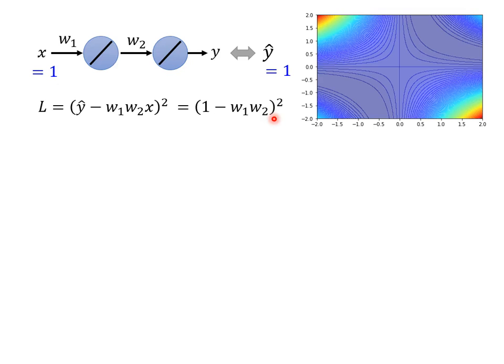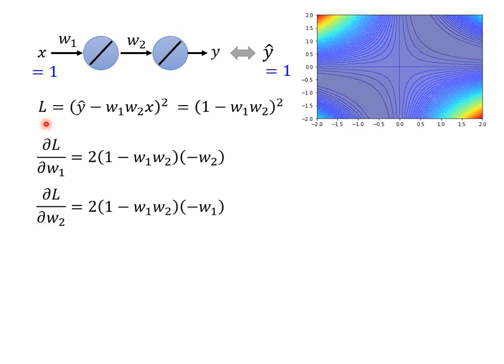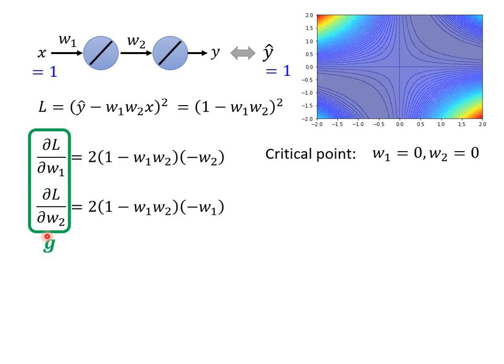Then you can solve for the gradient of this loss function. We won't talk about the details here. If you still remember calculus, do the math and you will know that this is correct. The partial derivative of L with respect to W1 looks like this. The partial derivative of L with respect to W2 looks like this. We call this thing G, the so-called gradient. When will the gradient be 0?